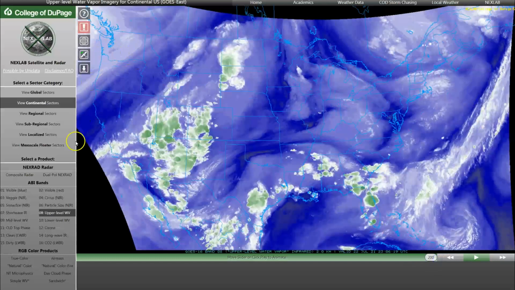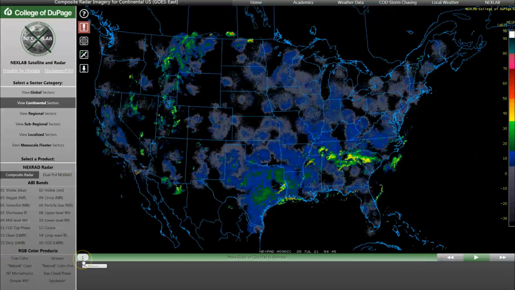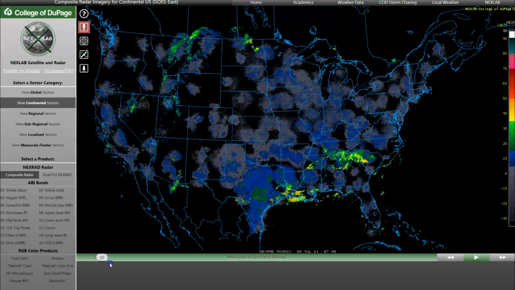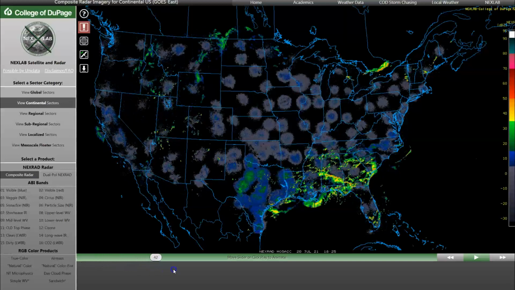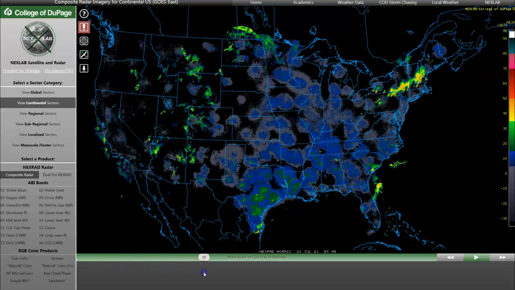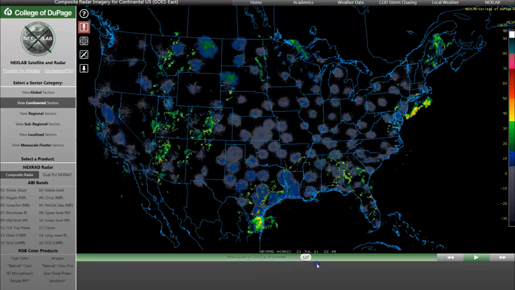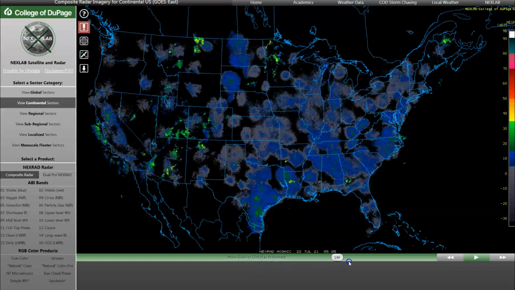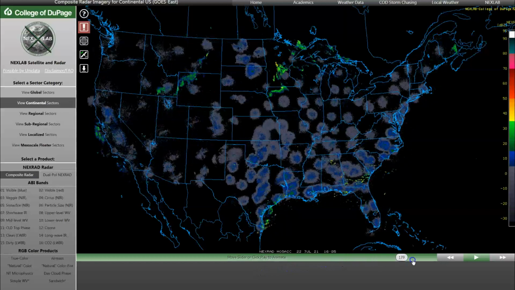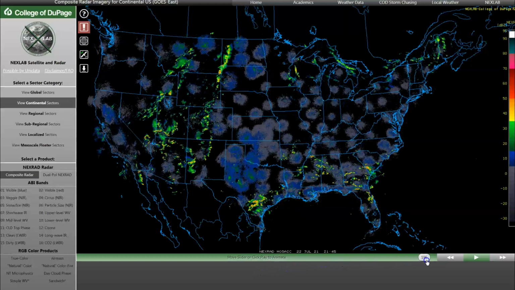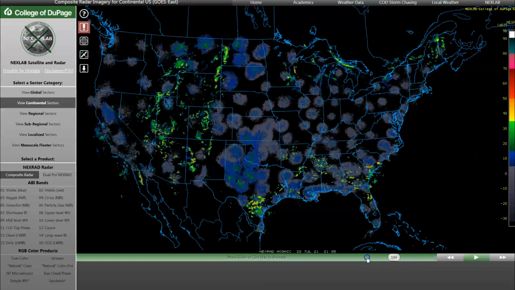Now, we can match this up as well with the composite radars of all the radars across the contiguous United States. And notice where the front is stalled out over the southeast, and then convection just comes in off the Gulf Coast into the southeast, and plenty of northwest flow here.